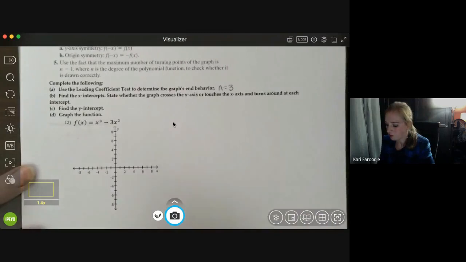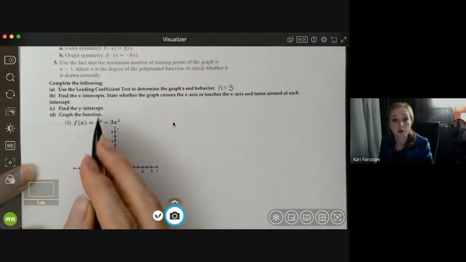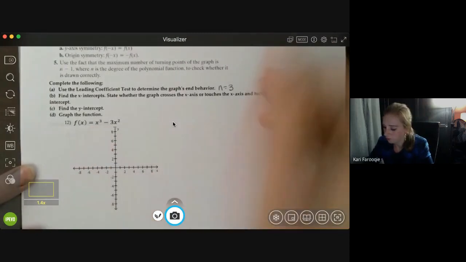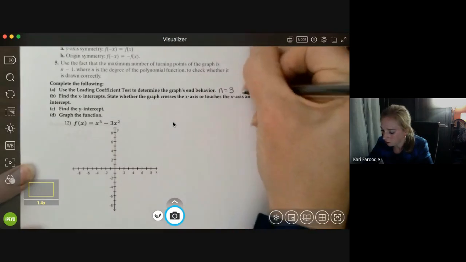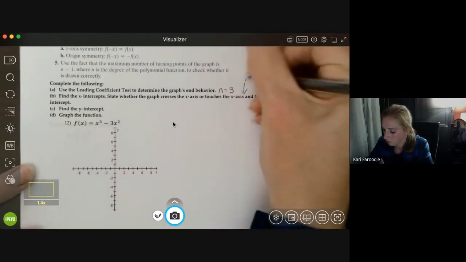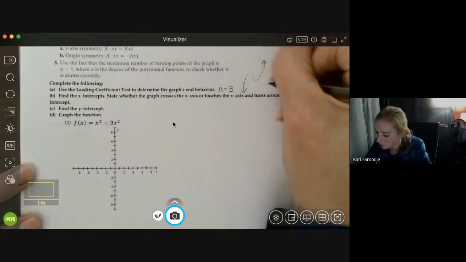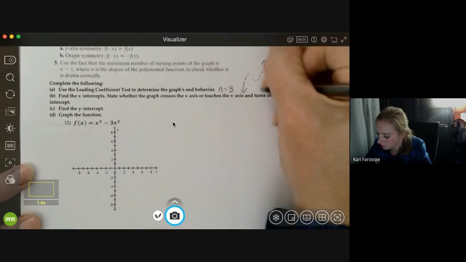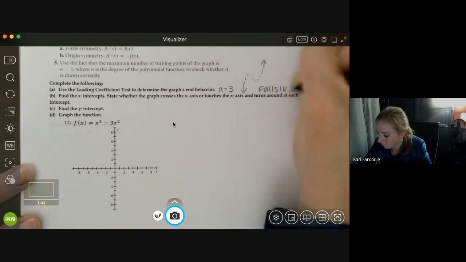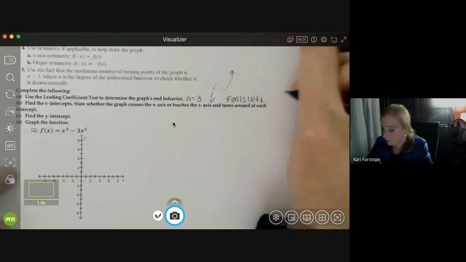Because you have n equals 3 and your lead coefficient is positive, we know that your graph is going to kind of do that behavior where it goes up from left to right. Something like that. We don't know what happens in the middle. So we're going to say that the end behavior is that it falls left and rises right.